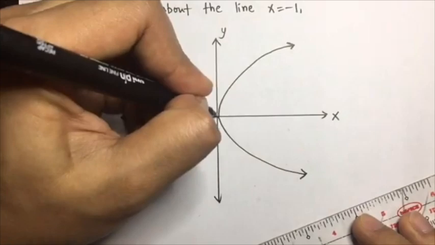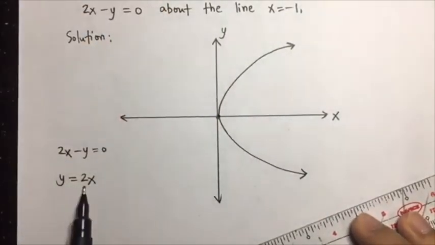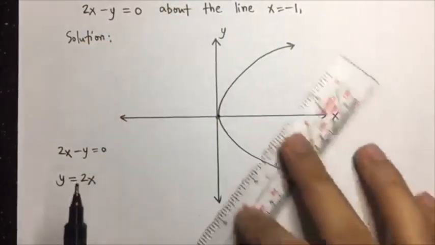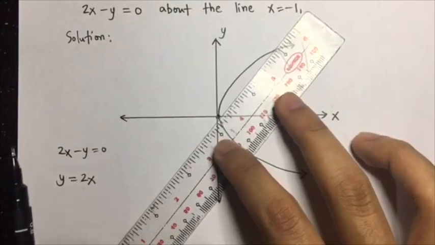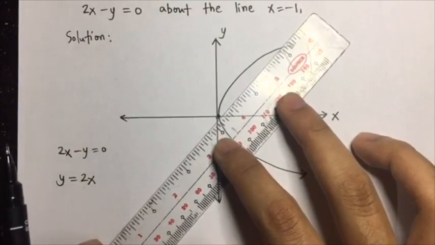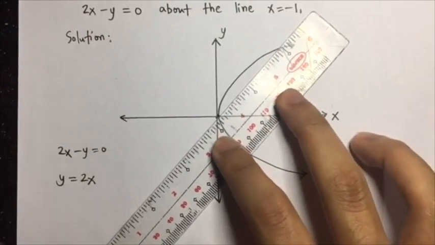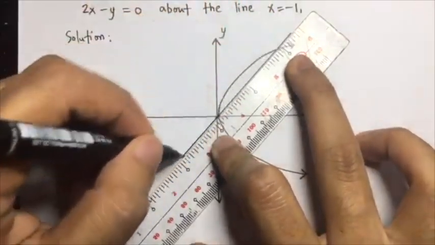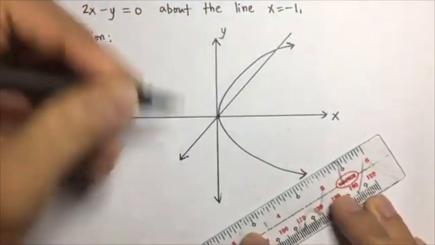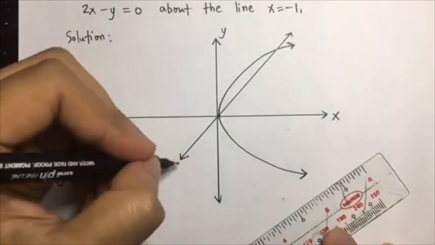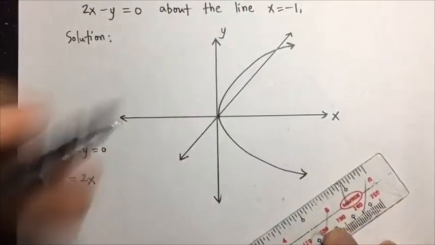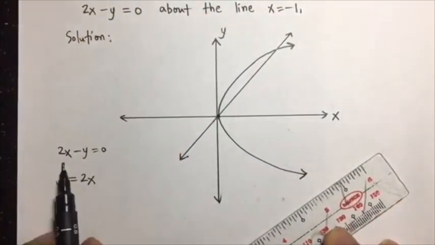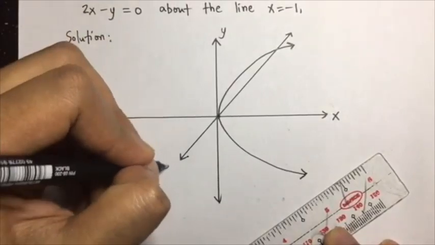Therefore, it passes through the origin with a slope of positive 2, so it is inclined upwards. Let's say it looks like this. Okay, so this is the line y is equal to 2x, or 2x minus y is equal to 0.